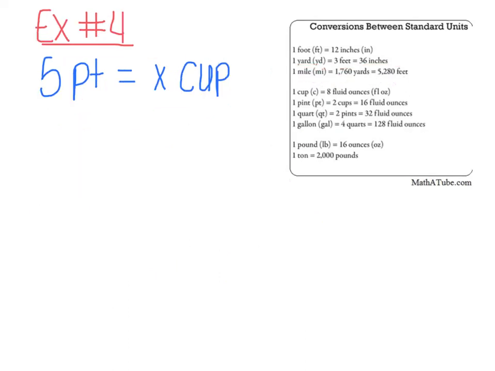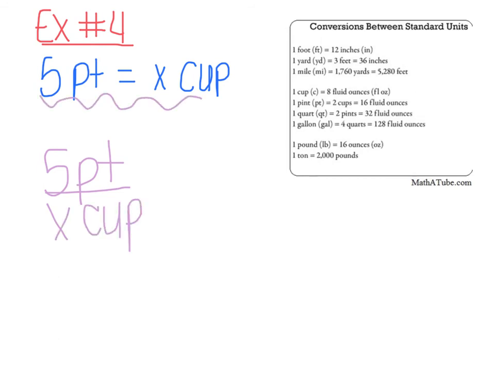And example 4, we have 5 pints over X cups. I just took this information here. Equals, now I have to look in my chart and see the comparison between pints and cups. And I see that right here.